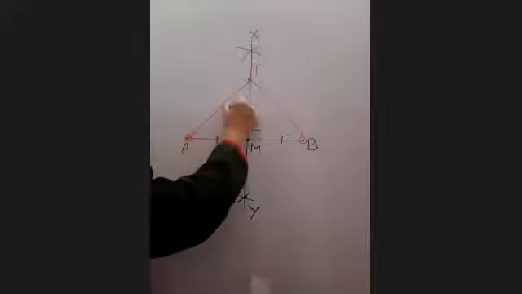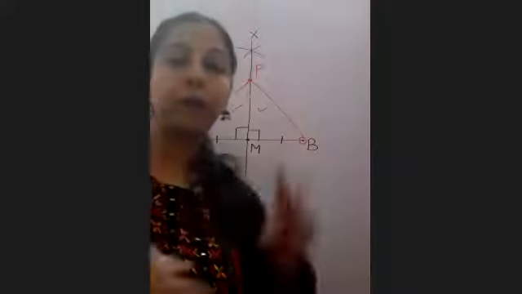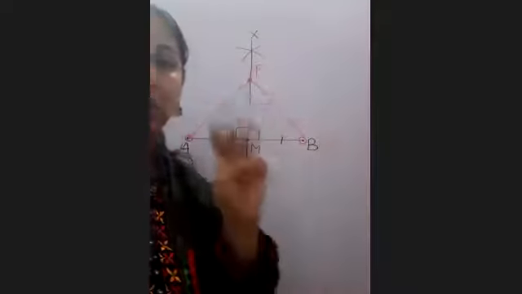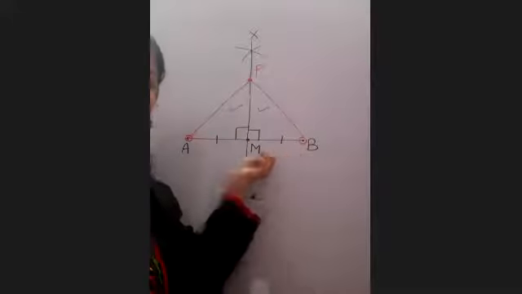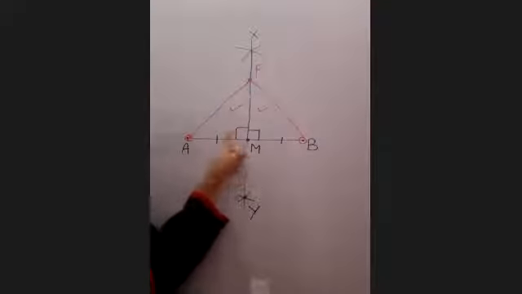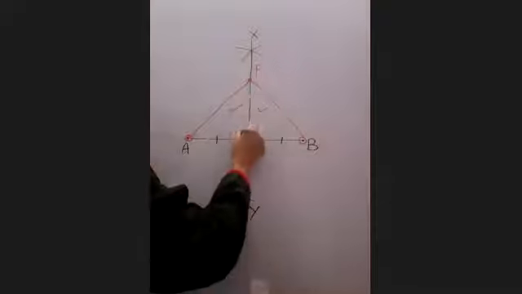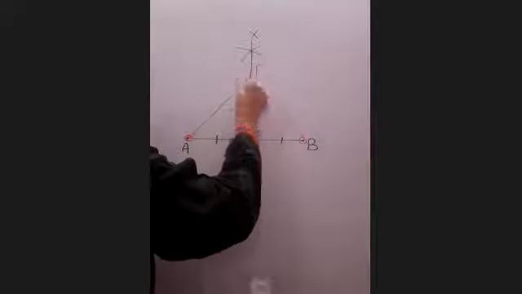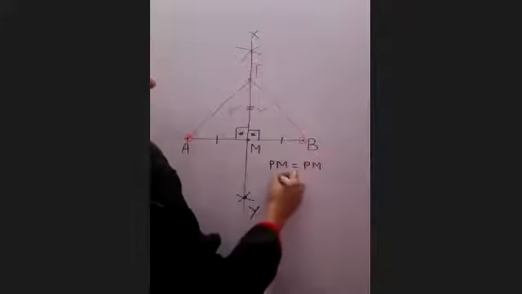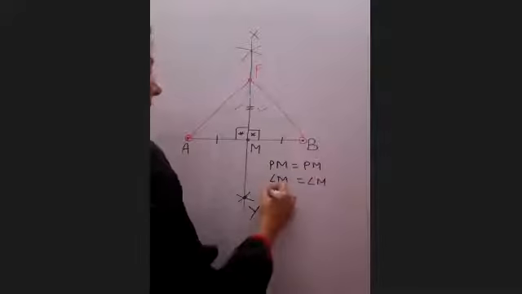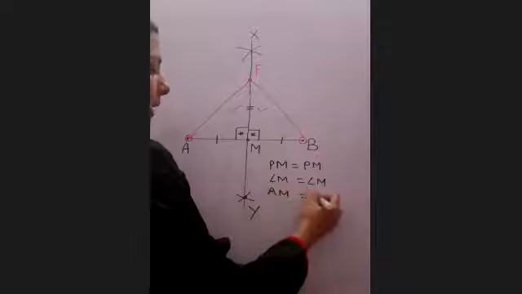Now, in these two triangles, let us see if we have three conditions for congruency. Each 90 degrees, angle AMP is equal to angle BMP. And PM is common. AM equals BM.